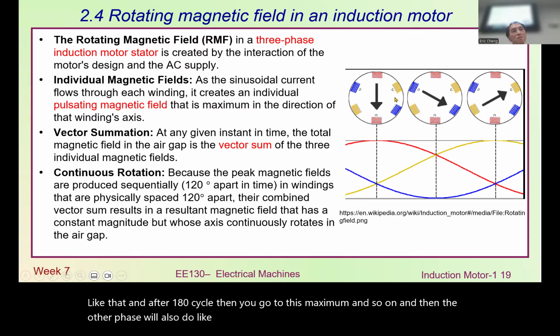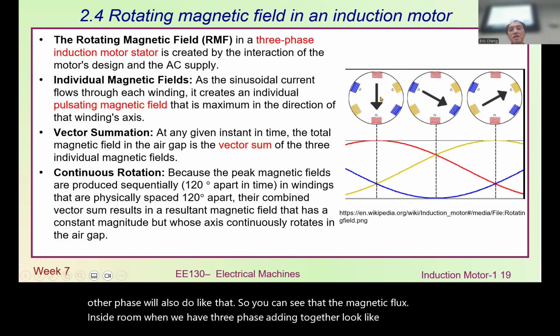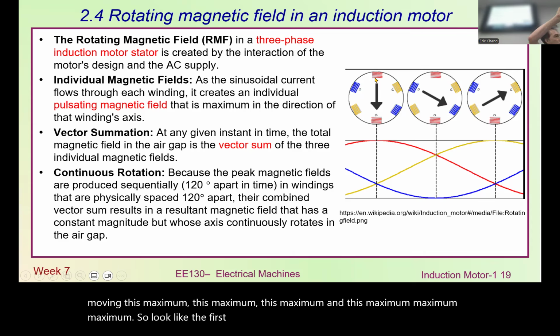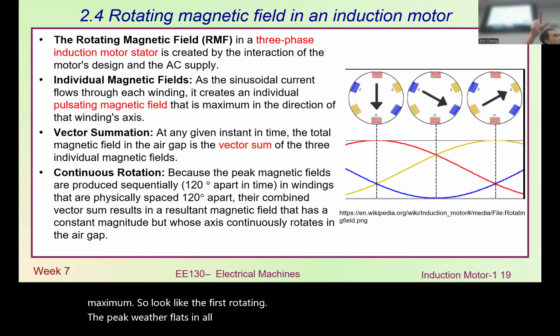You can see that the magnetic flux inside, when we have three phases adding together, moves to this maximum, this maximum, and this maximum. So it looks like the flux is rotating. The peak value of flux rotates within the cycle.